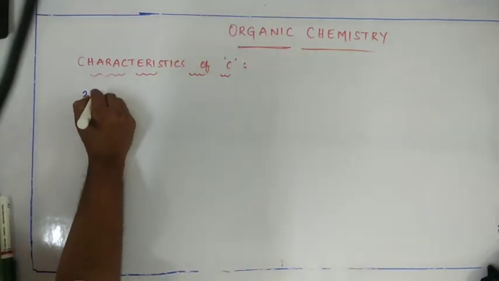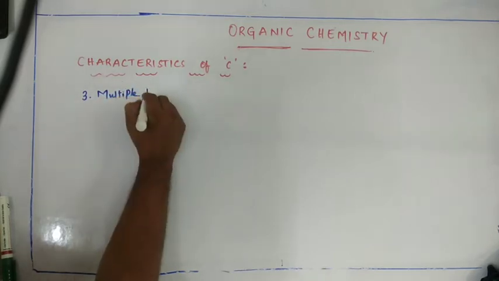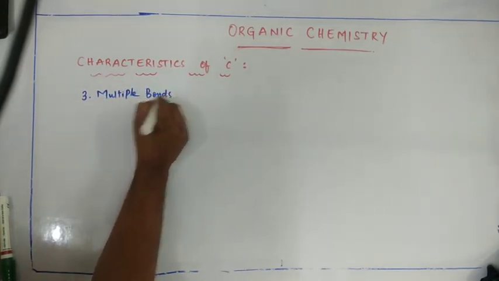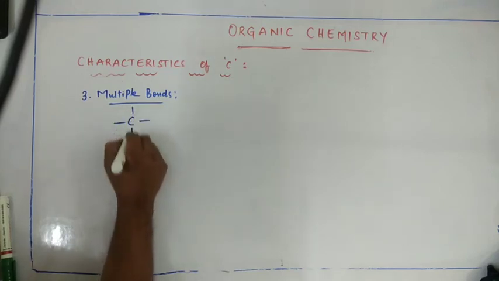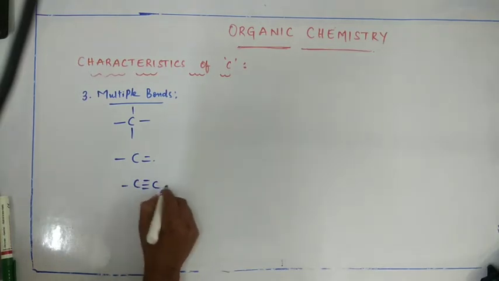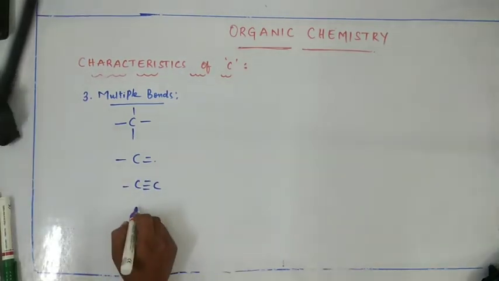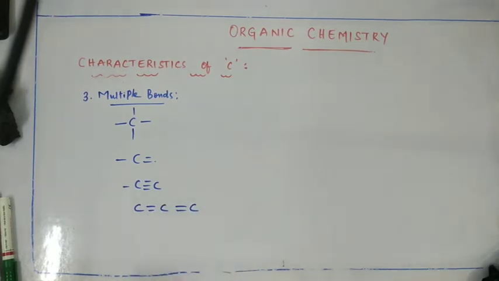The third one is multiple bonds. Carbon can form single bonds and double bonds. Triple bonds can also be formed, and double bonds on both sides can also be formed.